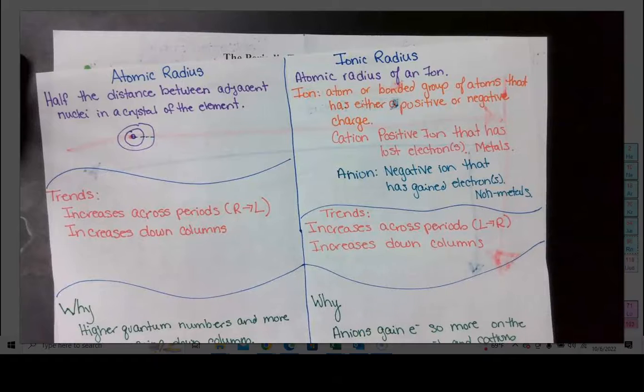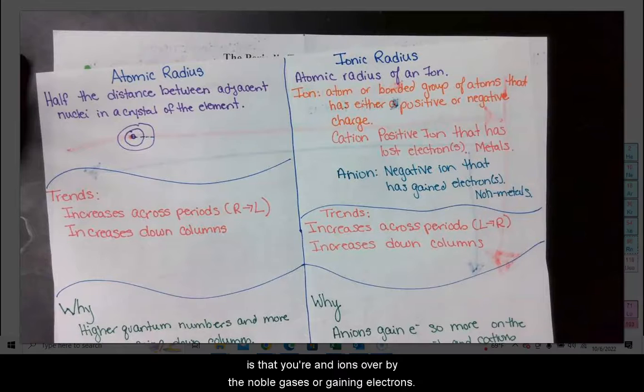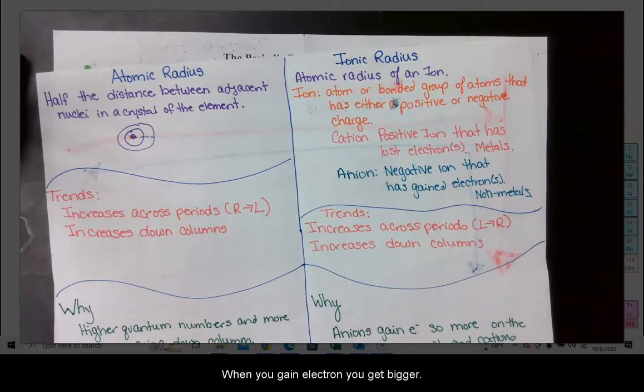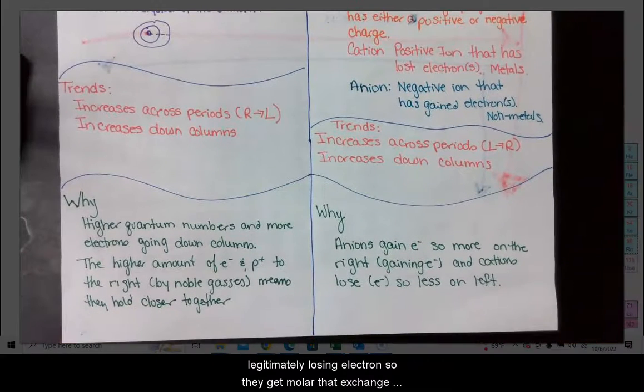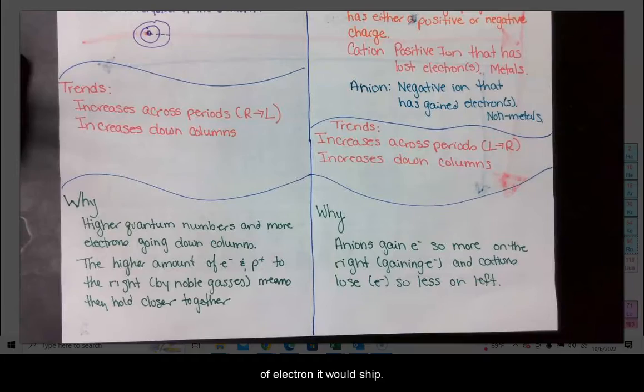But the reason that this trend is opposite of the atomic radius is that your anions over by the noble gases are gaining electrons. When you gain electrons, you get bigger. On the other side, your cations over by your alkali metals are legitimately losing electrons, so they get smaller. That exchange of electrons is what shifts your trend.